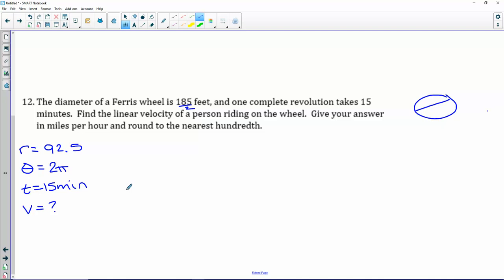Okay, so first let's just worry about finding v. We have 2 options. V equals s over t, but I don't have s. Or v equals r omega, but I don't have omega. So we have to do 2 formulas here, either way. If I want to do v equals s over t, then what formula could I use to find my s?